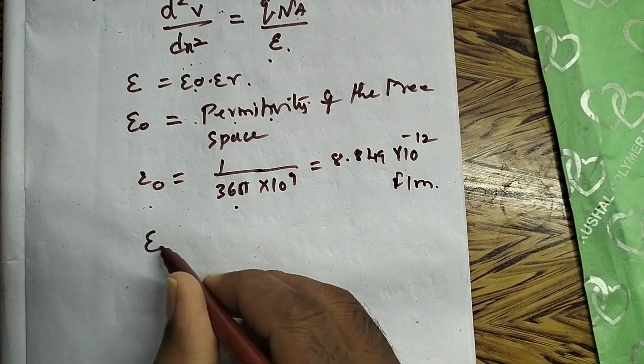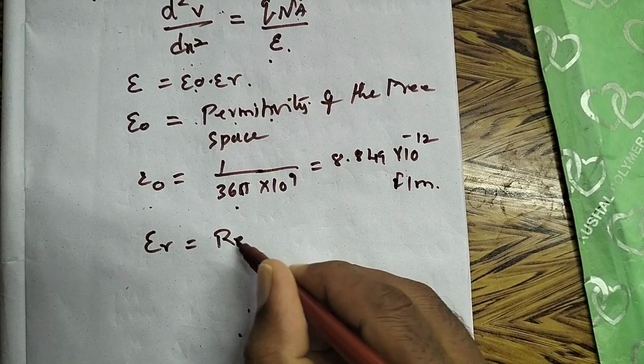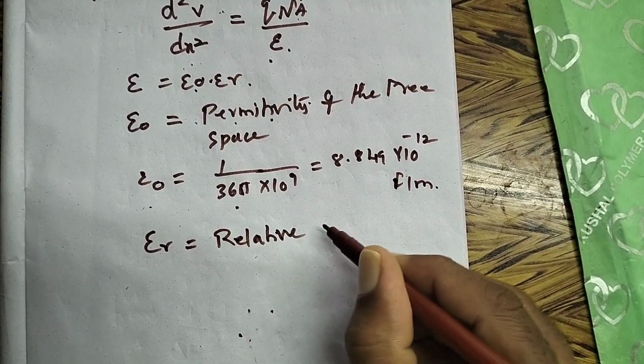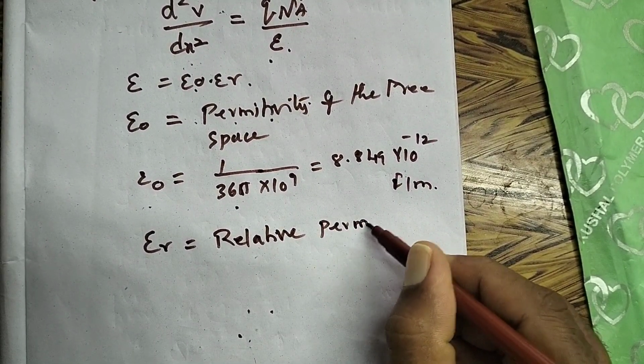Epsilon r is the relative permittivity of the semiconductor.